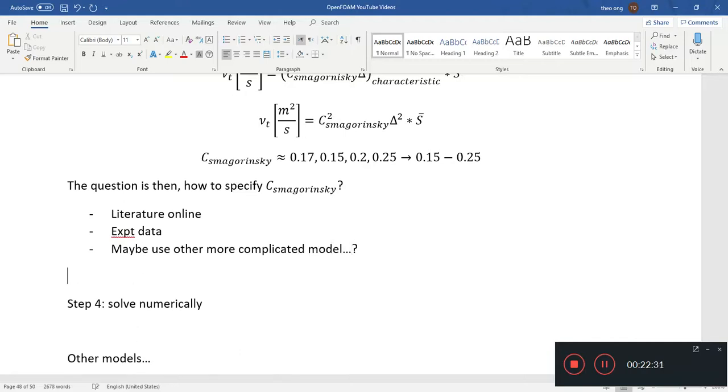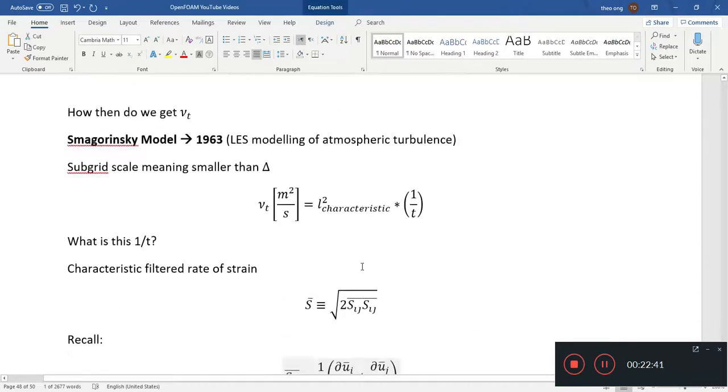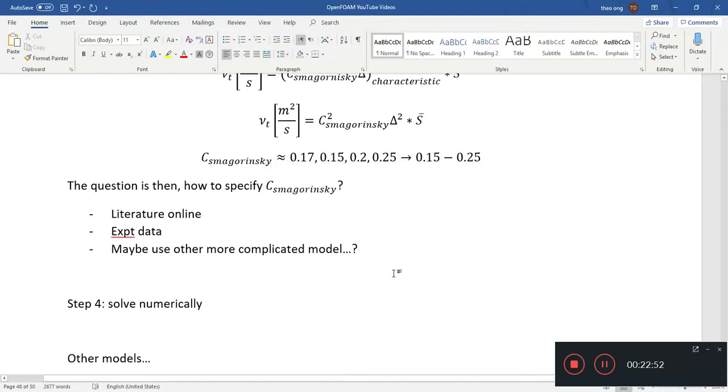So this is just one of the most basic models for large eddy simulation, the Smagorinsky model. You can see it's rather simple to implement. We just need to define delta and the Smagorinsky coefficient, and then basically the equations can be solved, as long as your grid is small enough that you can resolve these eddies.